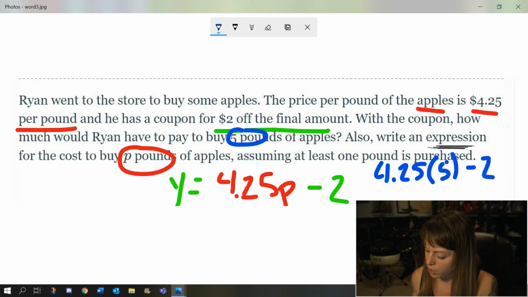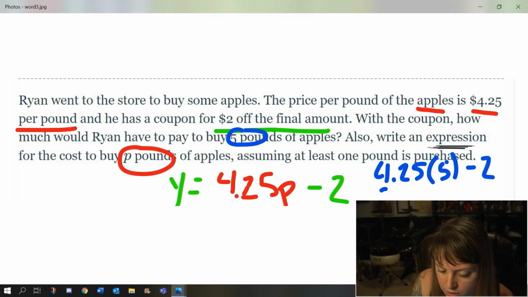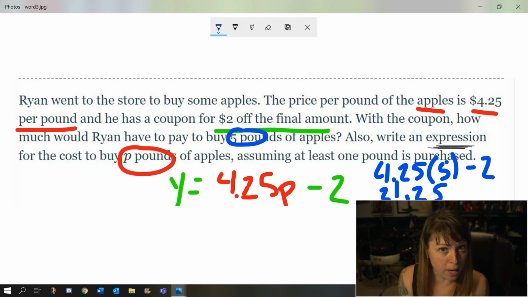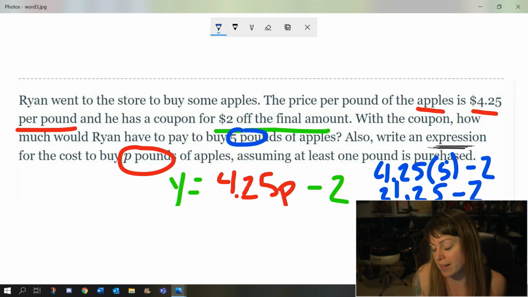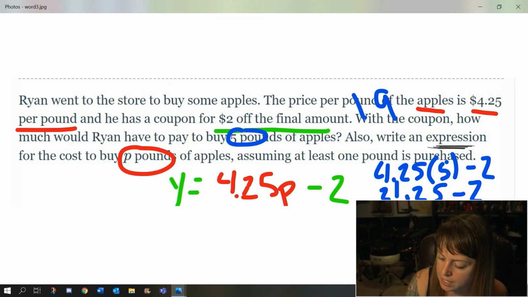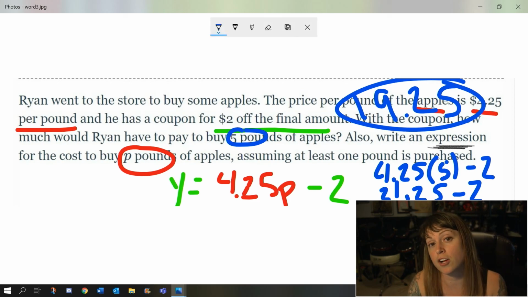So off camera, $4.25 times 5 pounds is $21.25. So without the coupon, I'd have to spend $21.25, but I have a coupon. So if I take away $2 off that will give me $19.25. I'm just writing straight over this problem. $19 worth of apples for 5 pounds. So hopefully you really like apples or you're gonna make a lot of apple pies.